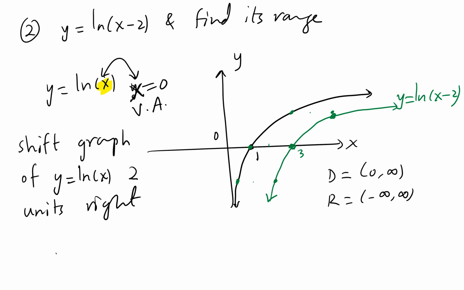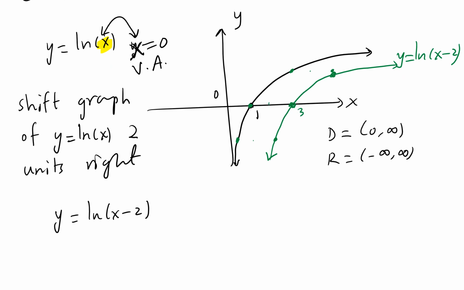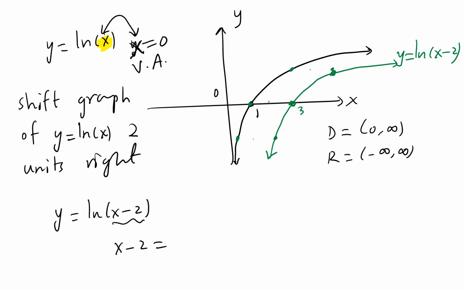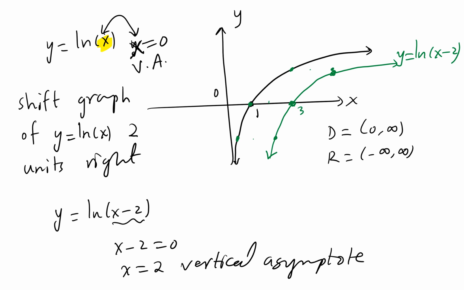But now, for y equals natural log of x minus 2, if you set this part equal to 0, you will get x equals 2 is the vertical asymptote. And so that would go something like this. There's a vertical line here. This is x equals 2.